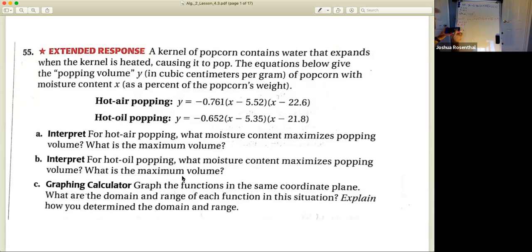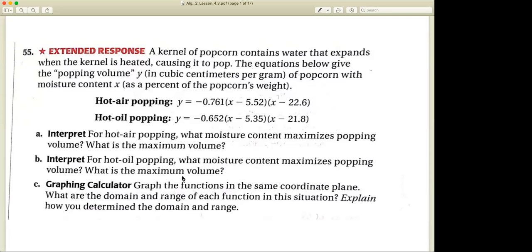5.35 plus 21.8 divided by 2 gives us, here's our... Though, as a general note, if you graph the functions, you can see that the performance of oil and water doesn't really vary at lower moisture contents and at particularly high moisture contents, but exactly in the middle, where the vertices of both parabolas lie, is where performance varies the most. You can see the widest gap between the points near the vertices.